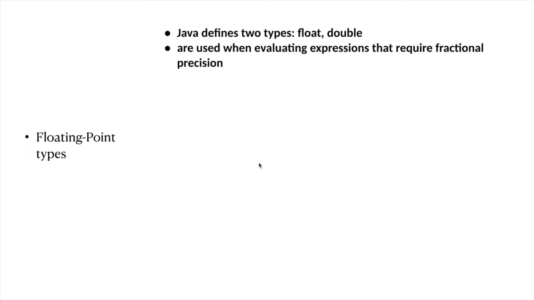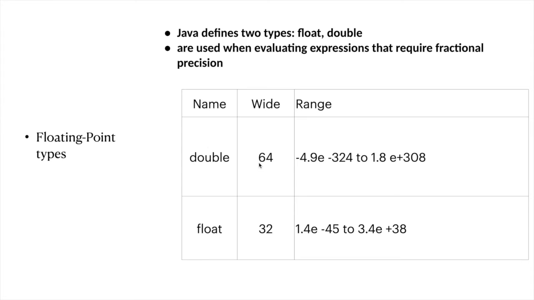As we have discussed, they are used in working with numbers which require fractional precision. The float data type is 32 bits wide, and it can handle from minus 1.4 times 10 to the power of minus 45 to 3.4 times 10 to the power of 38.